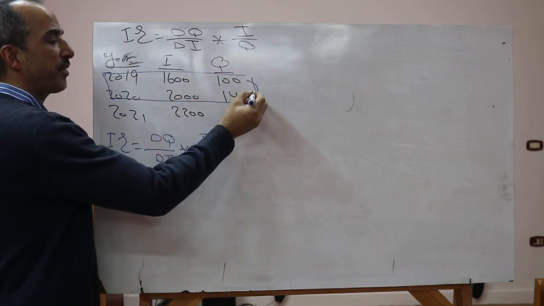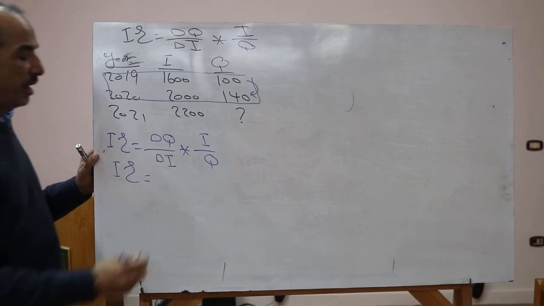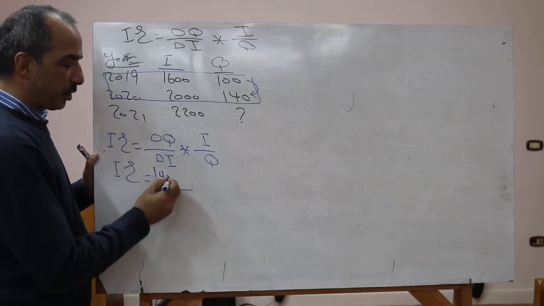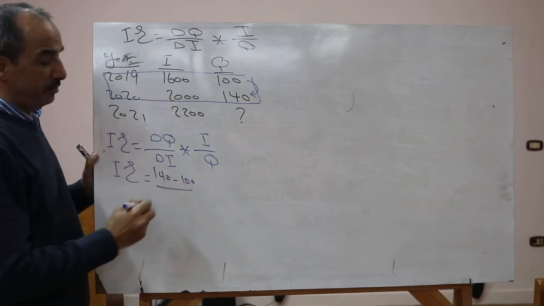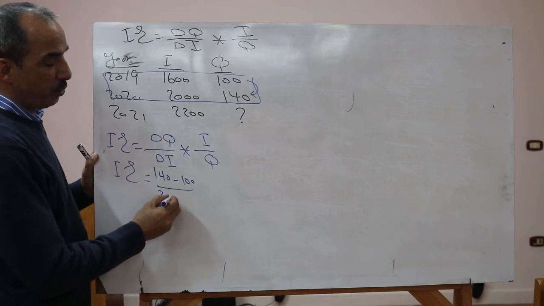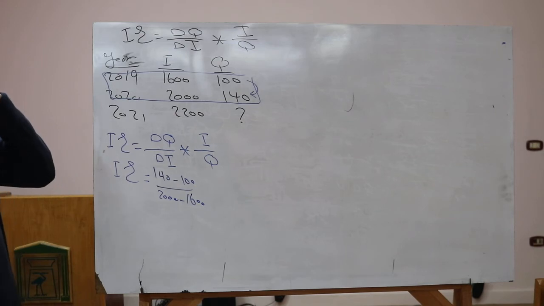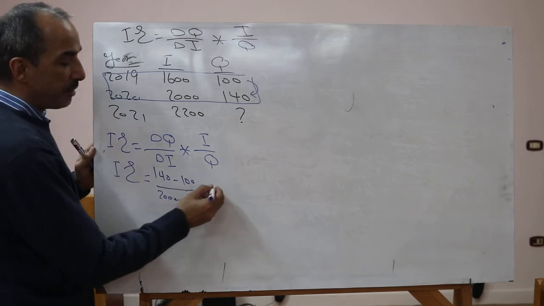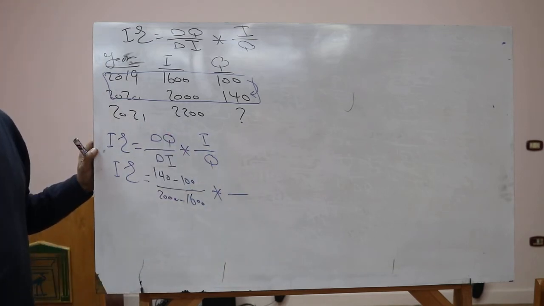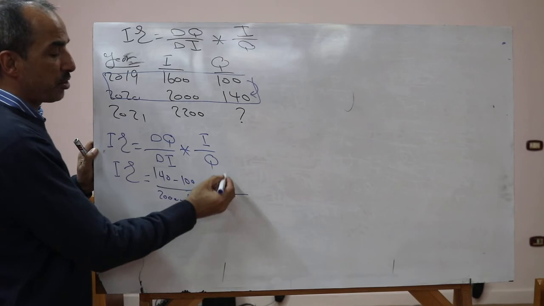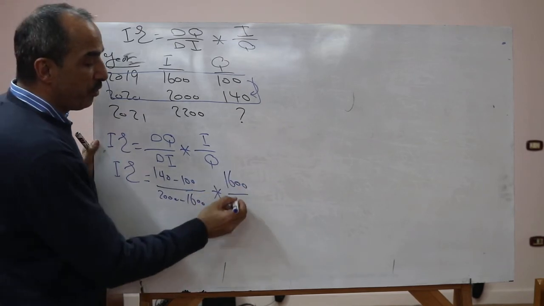Change in quantity: the quantity increased from 100 to 140, meaning 40 over 100. Change in income, meaning 2,000 minus 1,600, times the income before change over the quantity before change.